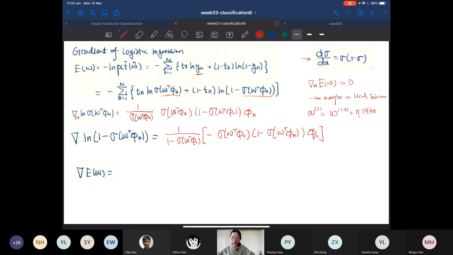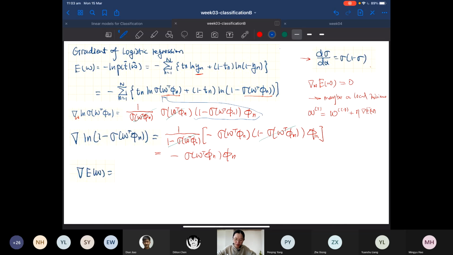So now what has happened? The three terms multiply with each other, so we can see this one still cancels out. And this second derivative simplifies to minus sigma W transpose phi n times phi. All right. Now we put it back into the gradient of E. So we, for example, plug in this term back in here, right?